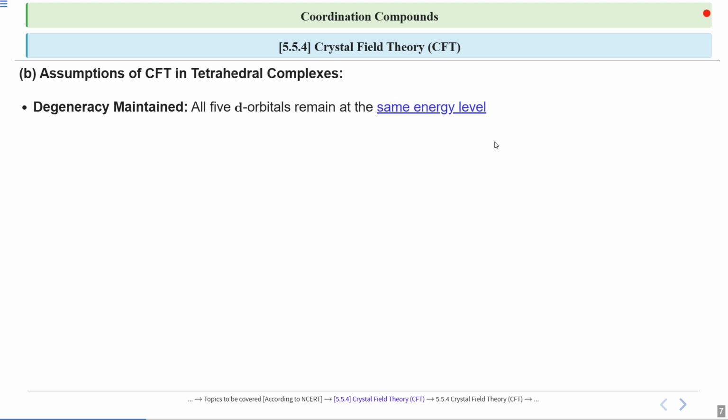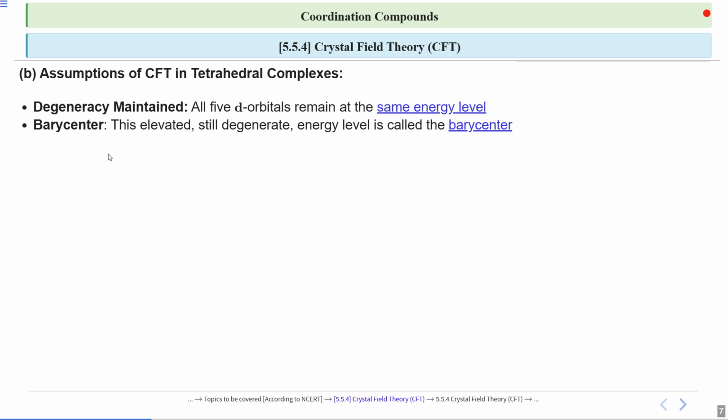But when the ligand moves closer and closer to the central metal ion and enters its symmetrical spherical electrostatic field, electron-electron repulsion happens between the d orbitals and the ligand, due to which the energy of all the 5 d orbitals is raised, but they still remain at the same energy level, right? So that means the degeneracy is maintained among them.